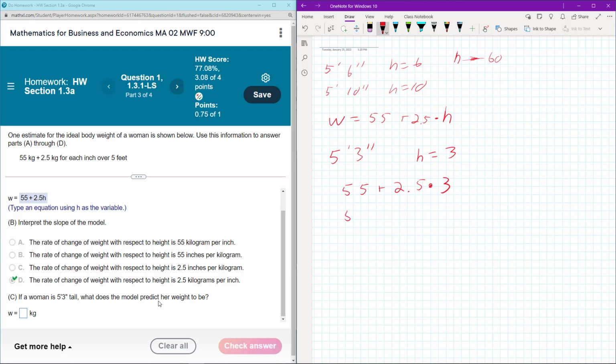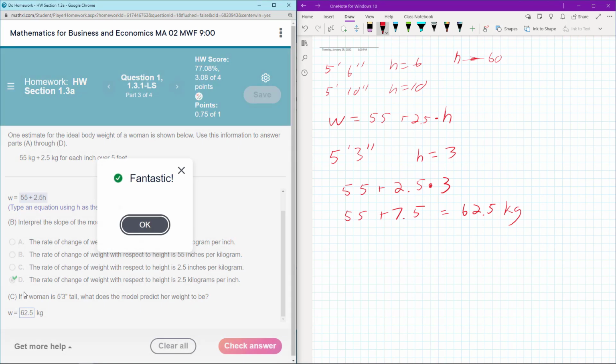That's basically 55 plus 7.5, which should be equal to 62.5 kilograms, if I did my addition correctly. And I did. Yay me.